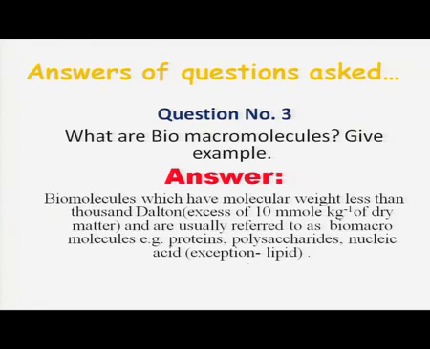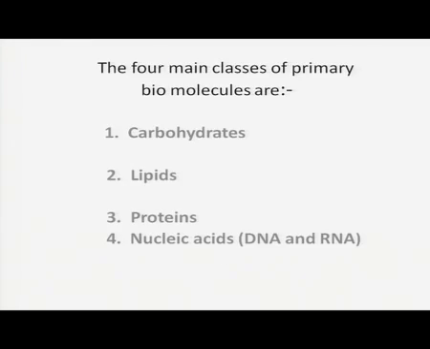Now, the main topic of this lesson, which I already discussed in my last classes: the different classes of the biomacromolecules, that is carbohydrate, lipid, protein, nucleic acid. In nucleic acid there is DNA and RNA.